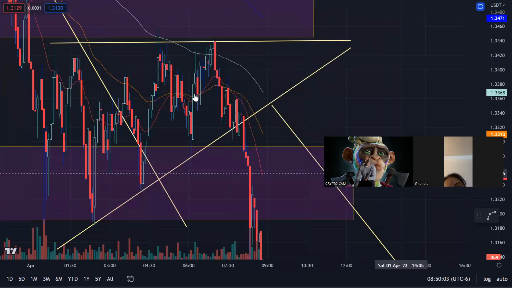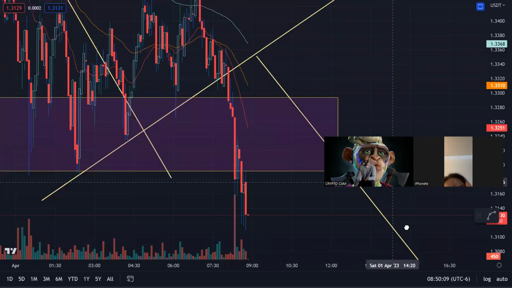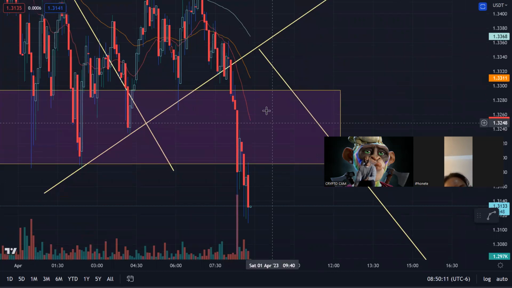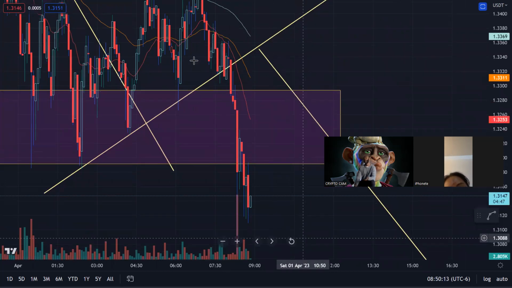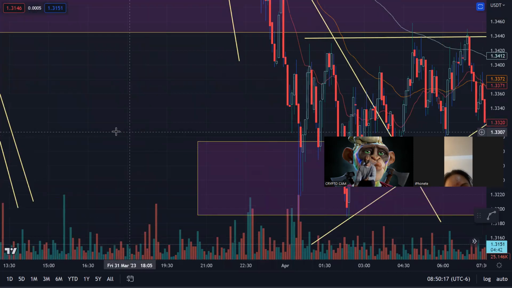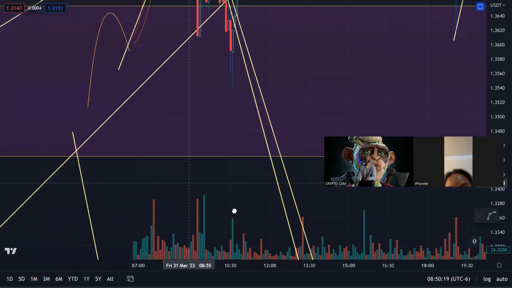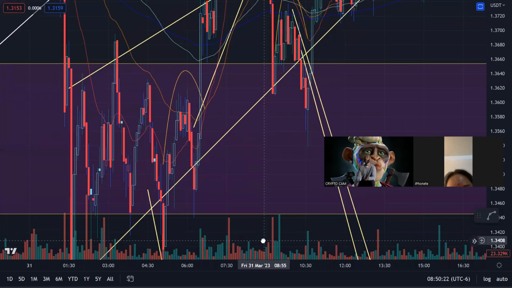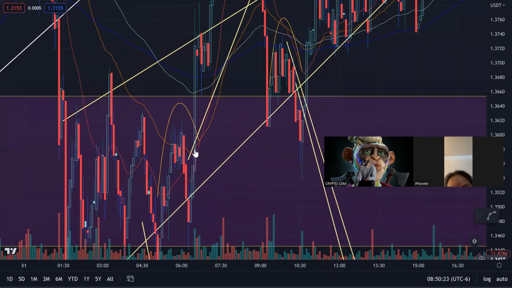Whenever you see your moving averages pointing down, that's your indication that price is going to go down, or that it's trending down. If you're going long, you're looking for your EMAs to be pointing up.